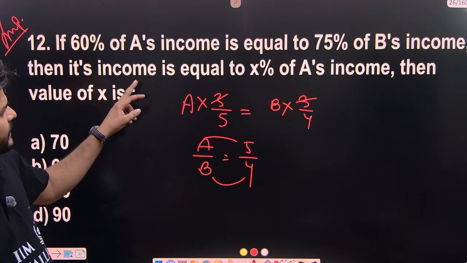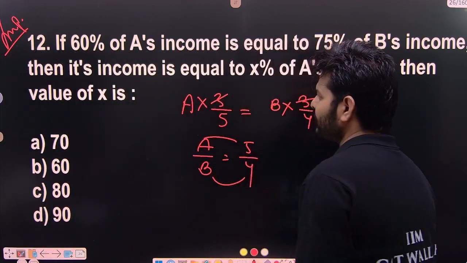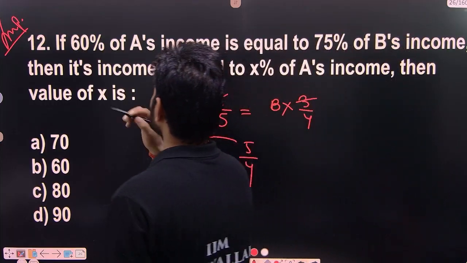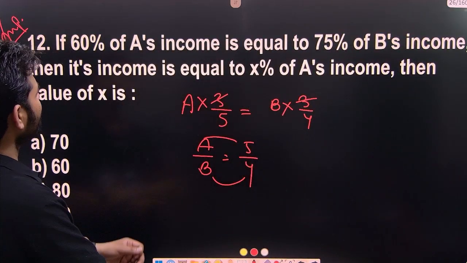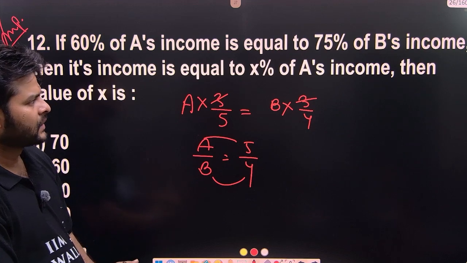If 60% of A's income is equal to 75% of B's income, then B's income is equal to X percent of A's income.